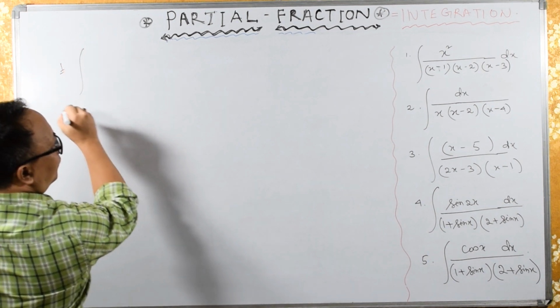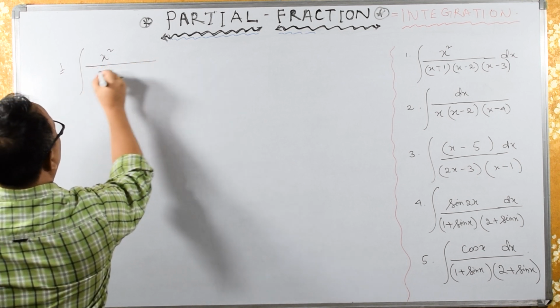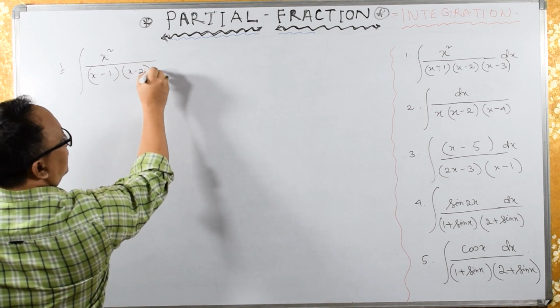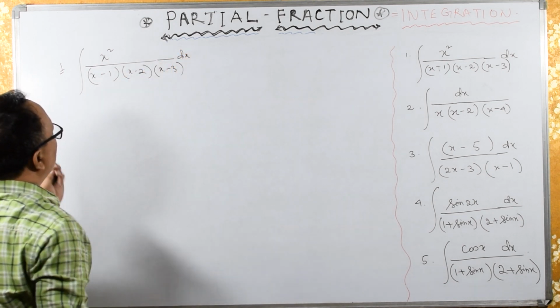Now let's solve one: the integral of x square upon (x minus 1)(x minus 2)(x minus 3) dx.